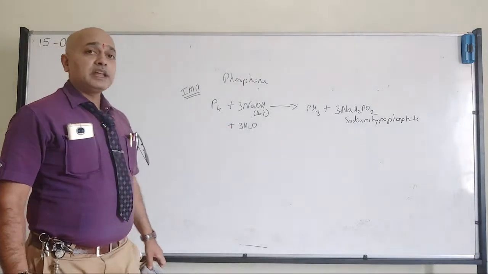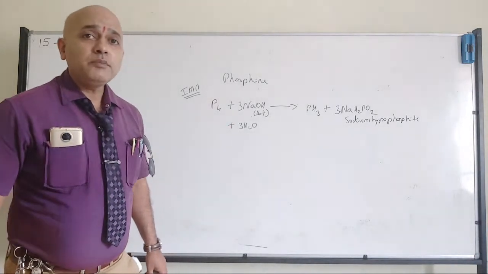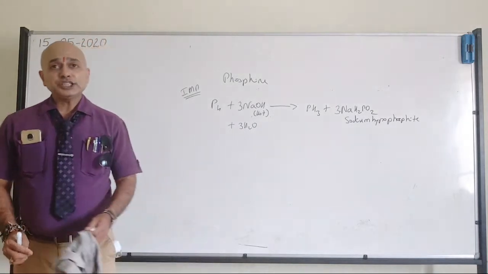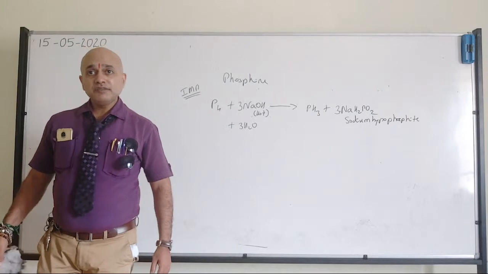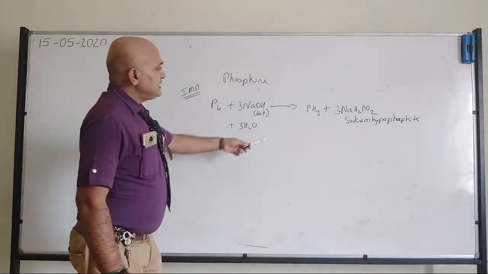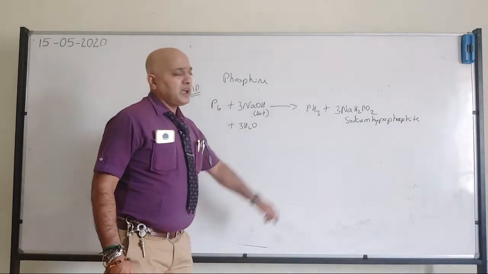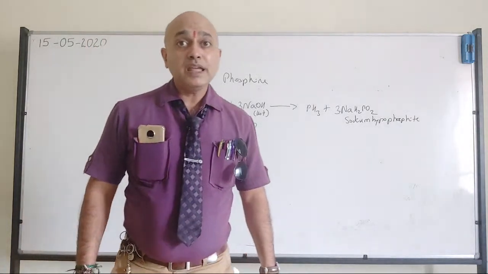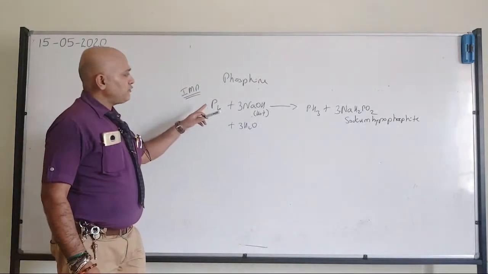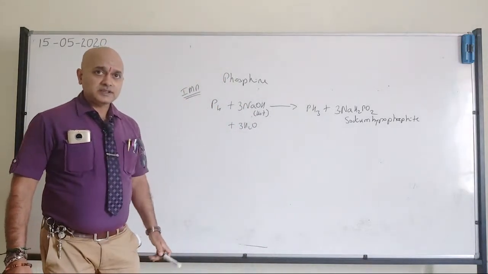So that is preparation of phosphine from white phosphorus, or write the reaction when white phosphorus is treated with sodium hydroxide. Fine. Now in this case, whatever phosphine we are going to get, it is not flammable, but sometimes there will be contamination of P4 in the product.